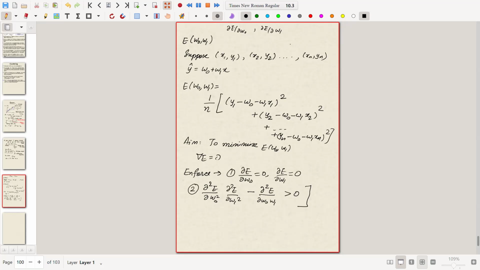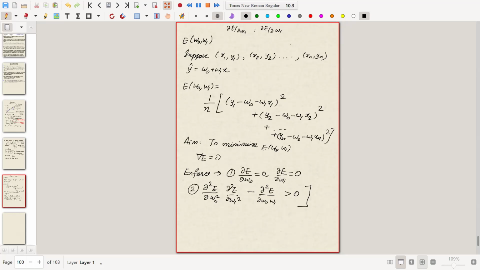Now we have the expression for E(W0, W1). Now we will solve for each of these and find what W0 and W1 are from these two equations. That is our job. Can you put dou E by dou W0 equals 0 and see what you are getting? Right?